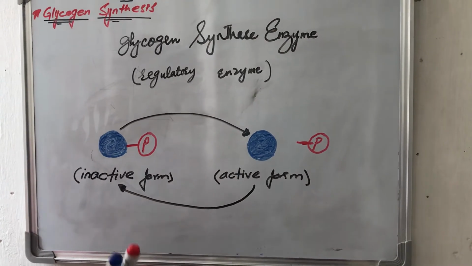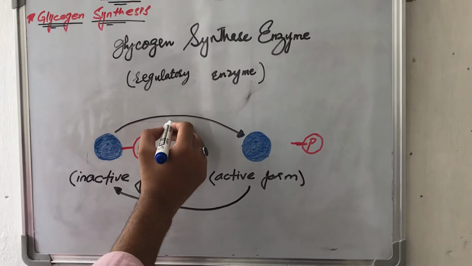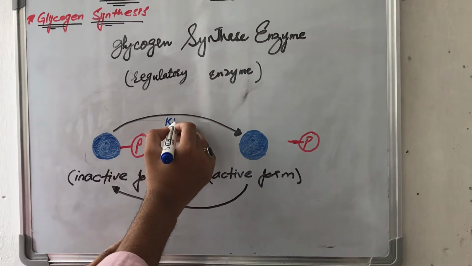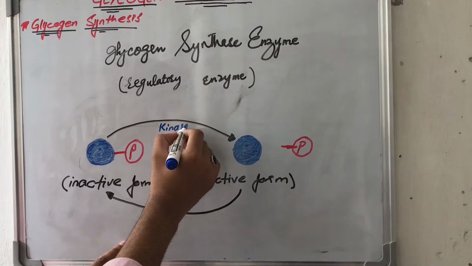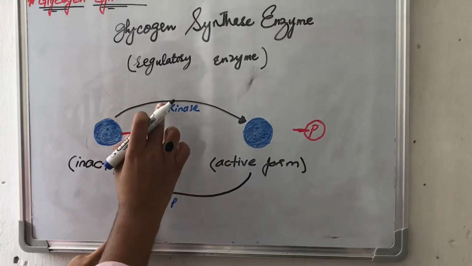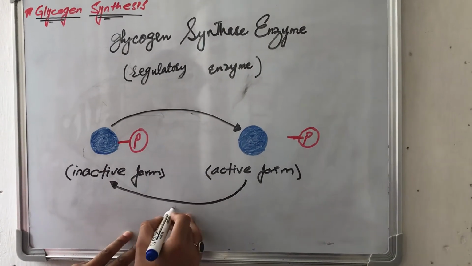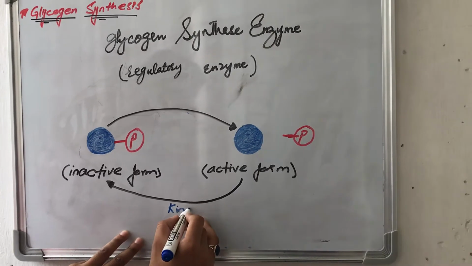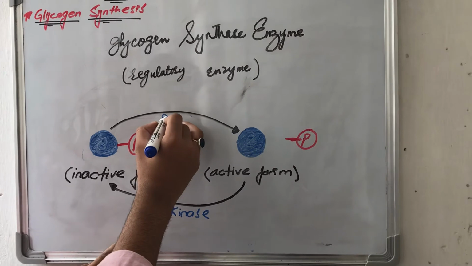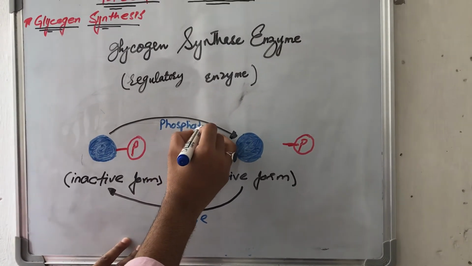Here the enzymes work: for example, the kinase enzyme will work here, and the phosphatase enzyme will work here, that is, it removes a phosphate.